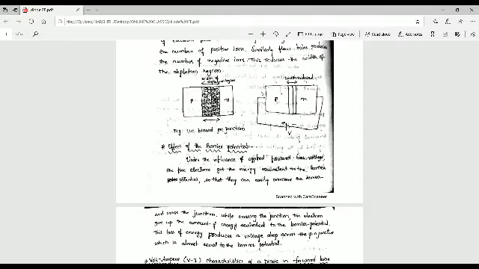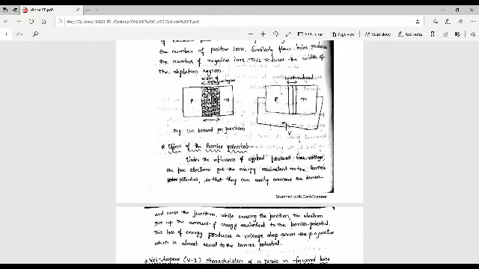Under the influence of the applied forward bias voltage, the free electrons gain energy equal to the barrier potential, so that they can easily overcome the barrier, which is like a hill, and cross the junction.